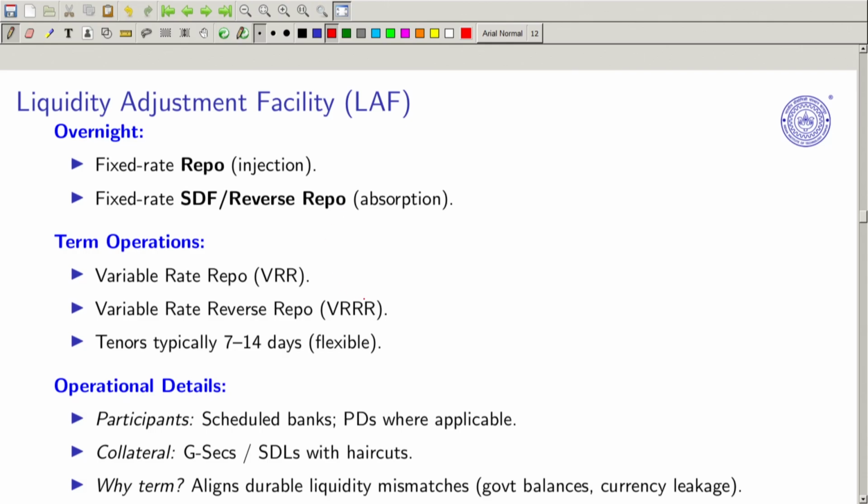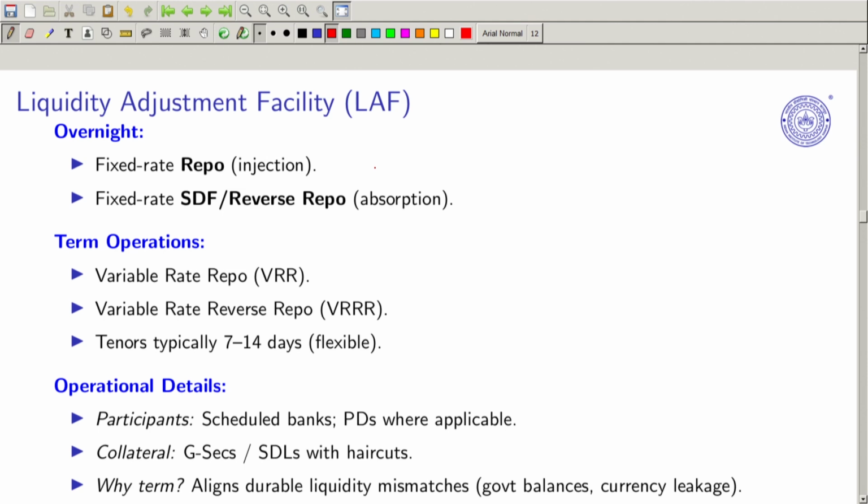Liquidity adjustment facility: again the fixed repo, overnight, is the injection, which means that you pump the money. When banks are borrowing money from the RBI, it means that the RBI is giving them money. Fixed rate standing deposit facility that here we have, and reverse repo, is for absorption, which means that banks are keeping money with the RBI.